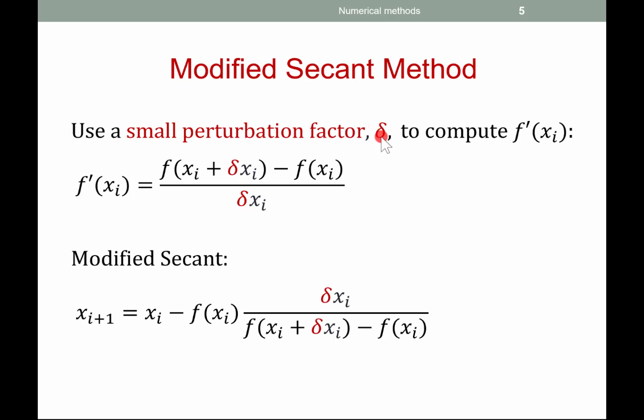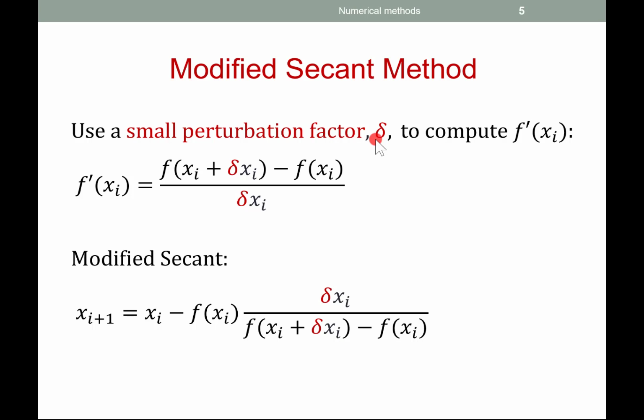This factor typically is a value less than 1. It'll be maybe 0.1 or 0.001 or 0.0001, depending on how many significant figures or decimal places you can handle in your computer or calculator.